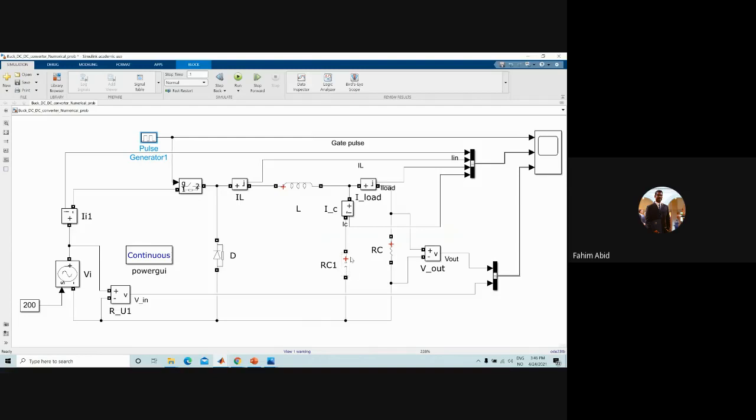As the frequency is now low, the capacitor impedance will be higher, so there will be more ripple in the output. That is what I expect. Let's run and see what happens here.